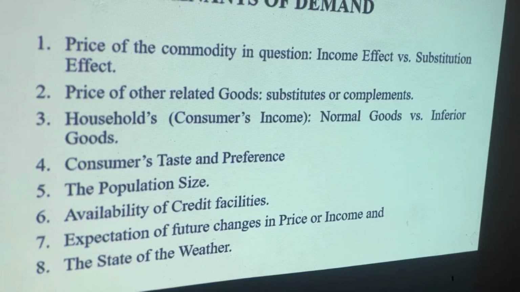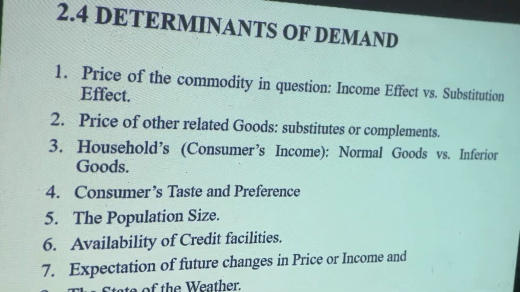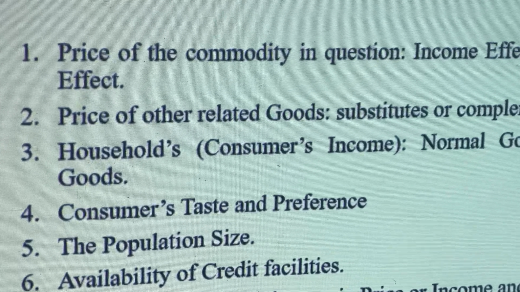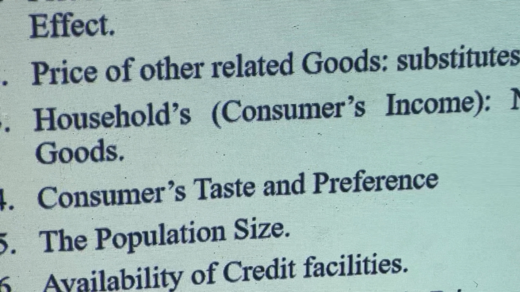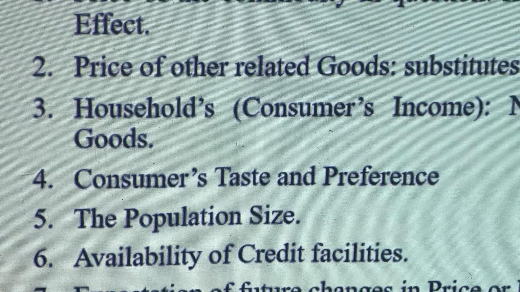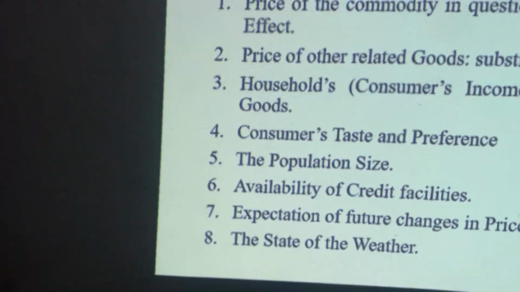Consumers' taste and preferences. You see, normally when consumers develop a very strong taste towards the consumption of a commodity, other things being equal, demand also increases. So that's why somebody said that for you to be rich, just identify what people like, what people want, and produce it.